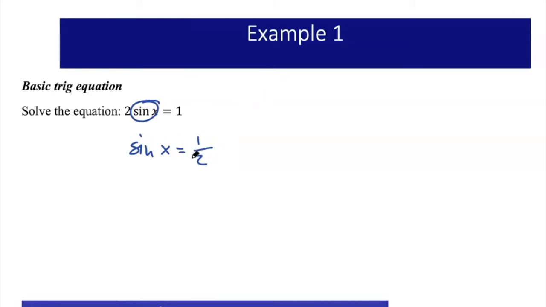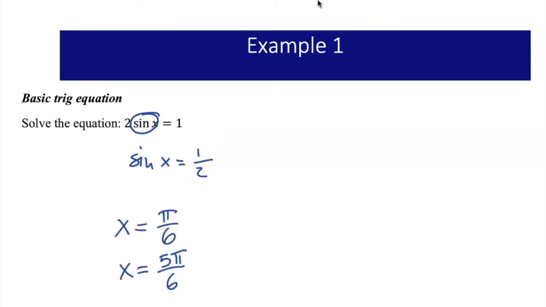Now I have to go back to my knowledge in trigonometry to determine what angle x has a sine equal to 1/2. And we have seen in the previous warm-up at the beginning that the angle pi over 6 and the angle 5 pi over 6 both have a sine of 1/2 in the first revolution.